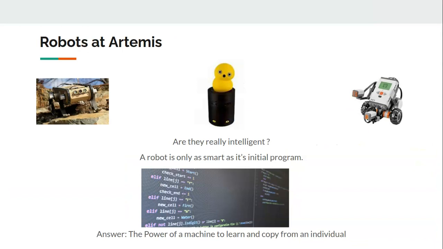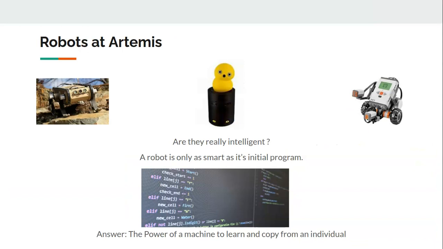We said a robot is only as smart as its initial program. So if you program a robot to pick a device from point A to point B, the robot executes that. If you program a robot to go and pick a gun and shoot at somebody, the robot is going to do that.